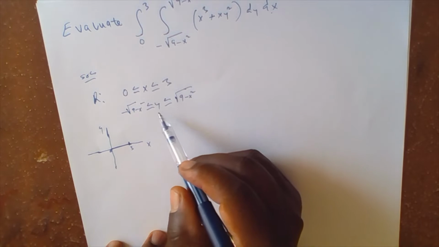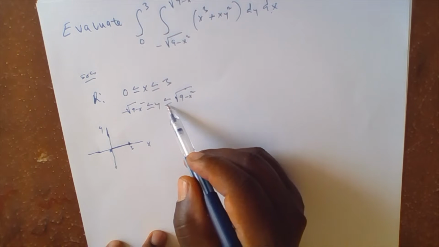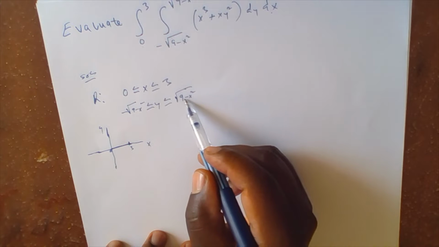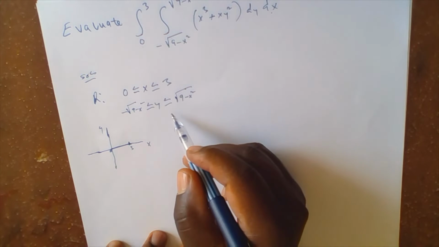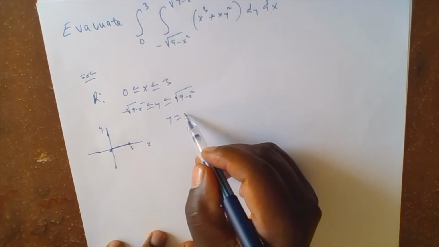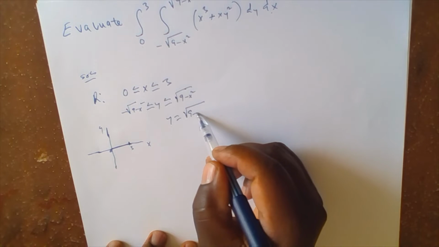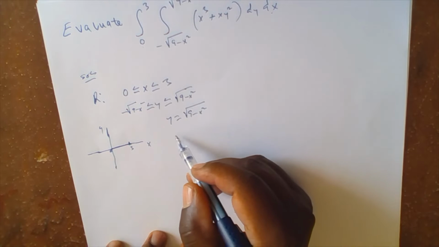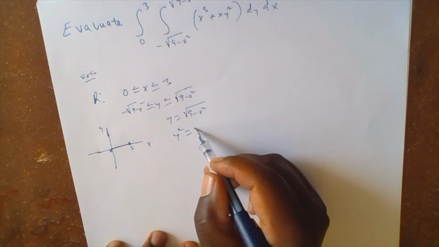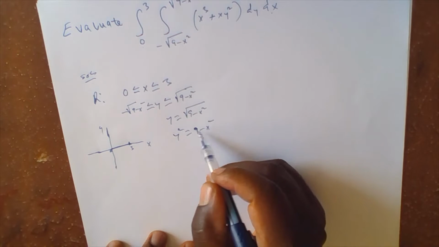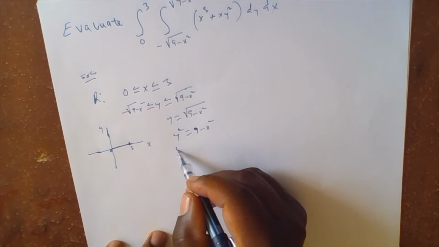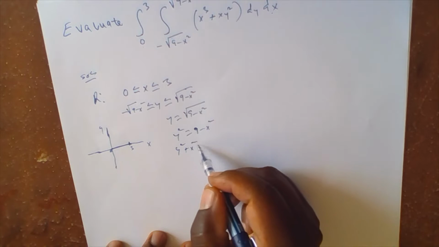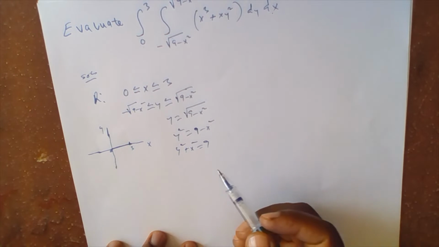Now from here we have y equals the root of 9 minus x squared. So we square both sides of this equation. We have y squared equals 9 minus x squared. So moving x squared to this side, it will be y squared plus x squared equals 9.